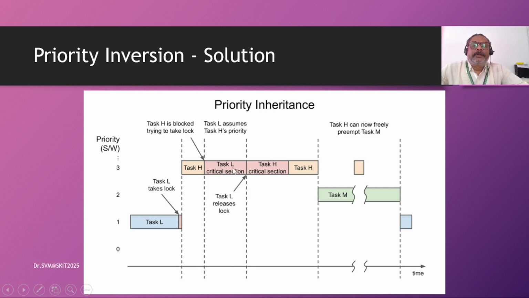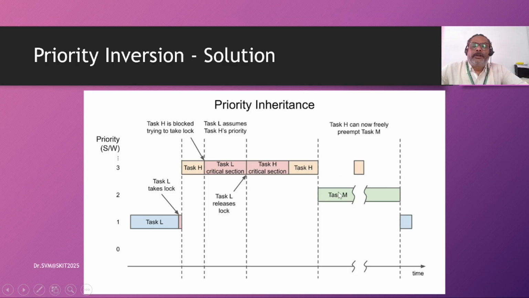And once the critical section of task L is over, it will release the lock, and that lock is acquired by task H, and then it can enter its critical section. And after the critical section of H is over, it continues its non-critical section.